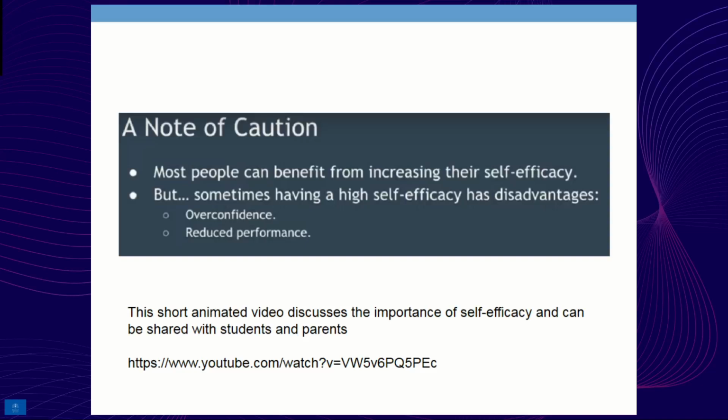However, sometimes having a high self-efficacy has disadvantages. In fact, very high levels of self-efficacy can result in overconfidence in your ability or reduce performance. You believe in your abilities so much you don't put in the necessary effort level.